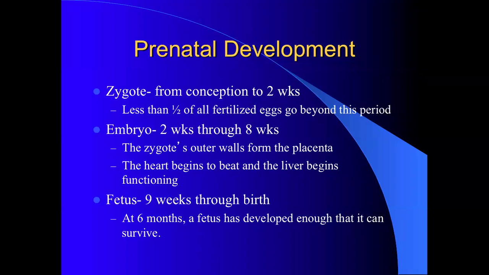And there are some states that have late term abortion laws. For example, in New York, you can have an abortion all the way up to birth. And then there are some states who don't allow abortion even earlier than 15 weeks. So this is a state to state issue, and it really is hinged upon prenatal development.